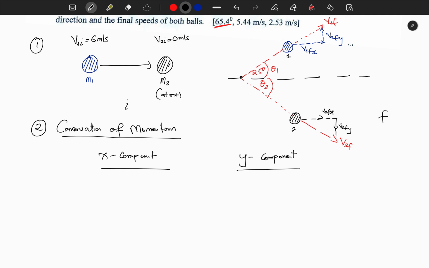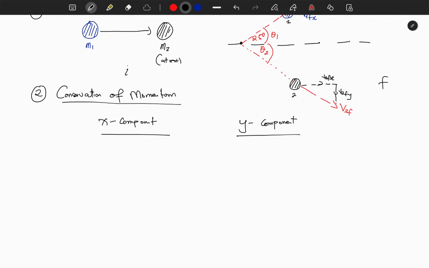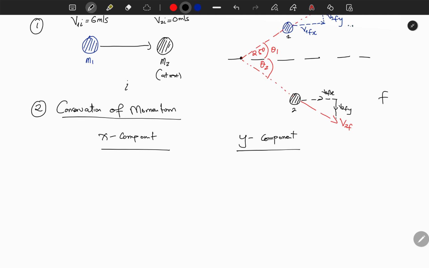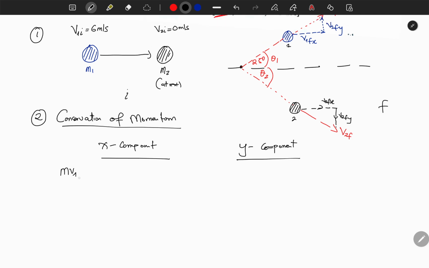The only ball having momentum at the initial stage is the first ball. So here in the x, the total momentum will be equal to the only ball having momentum at the initial, the first one. Let's call this speed 1.